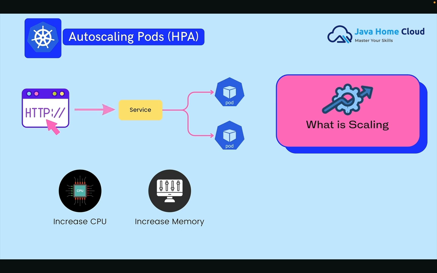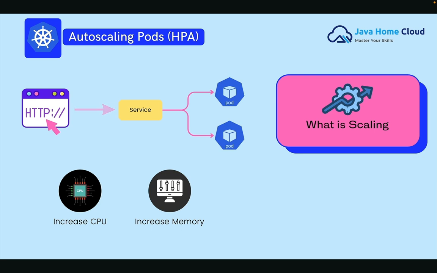This can be done in a couple of ways. We can maintain the same number of pods, let's say only two, and increase the CPU and memory of the pods. Second option, instead of increasing CPU and memory of the existing pods, in this case two pods, we can add more pods.